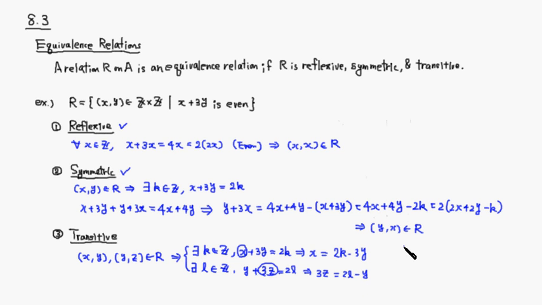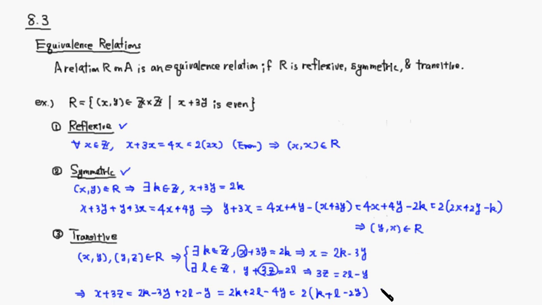All right, combine these together, we get x plus 3z, which is 2k minus 3y plus 2l minus y, which is 2k plus 2l minus 4y, which is going to be 2 times k plus l minus 2y.